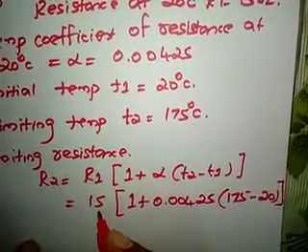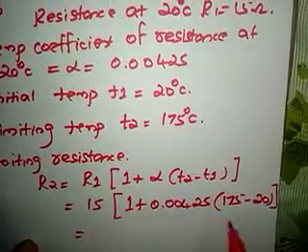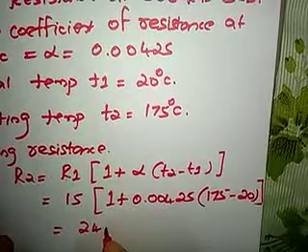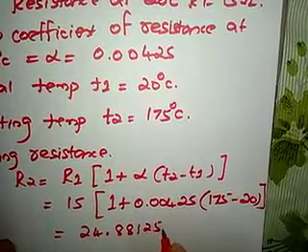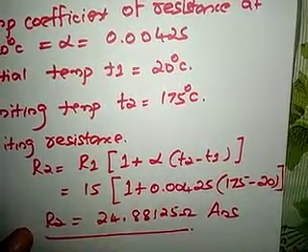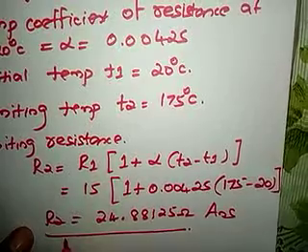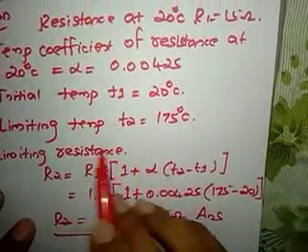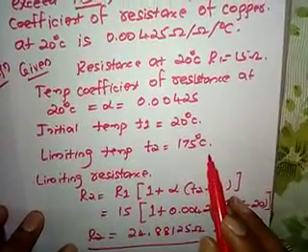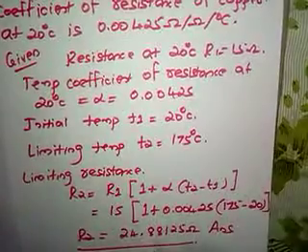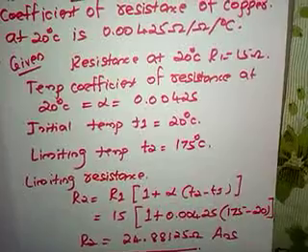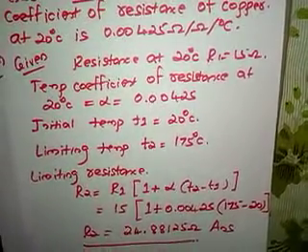If we simplify this, we'll get 24.88125 ohm. So that is the value of R2. This is how we get the limiting resistance value at the limiting temperature of 175 degrees Celsius, which is 24.88125 ohms.